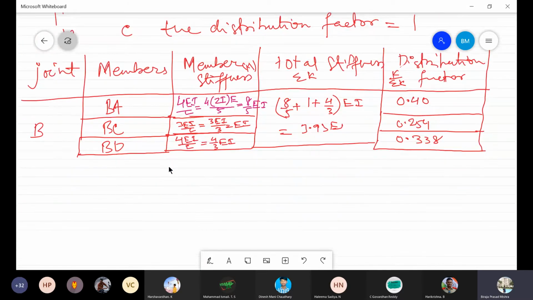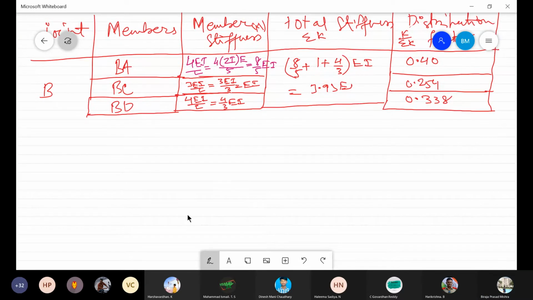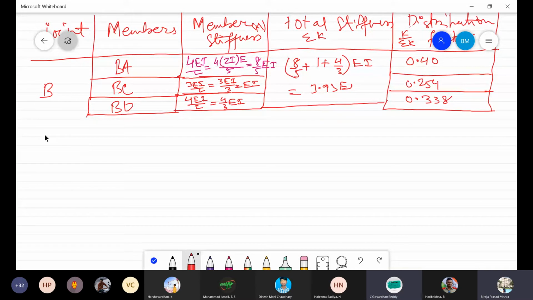So now what will be the third step? Moment distribution table. So step 3. Wait, 1 minute, guys.